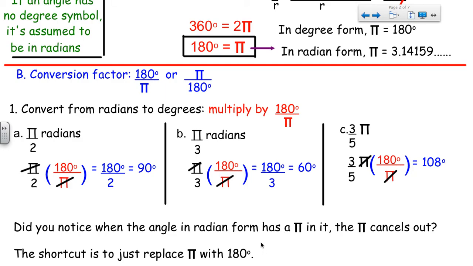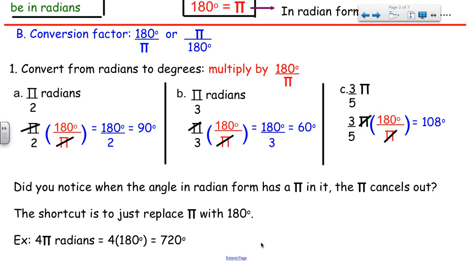So for example, if I had to convert 4 pi radians, I just do 4 times 180, and I get 720 degrees. The same answer I would get by multiplying by 180 degrees over pi, with the pi's canceling out.